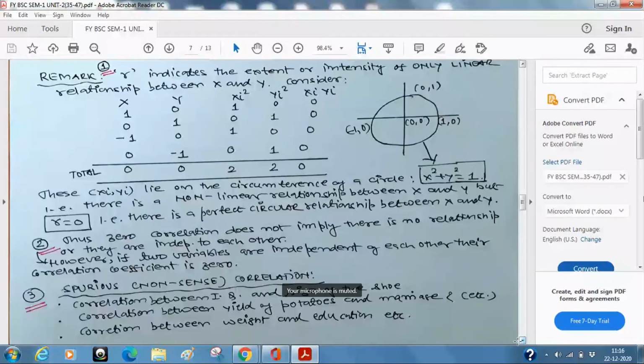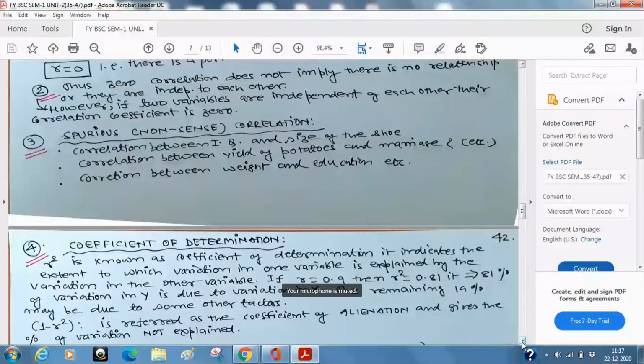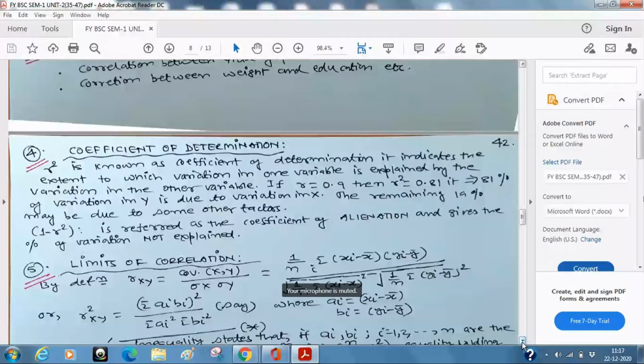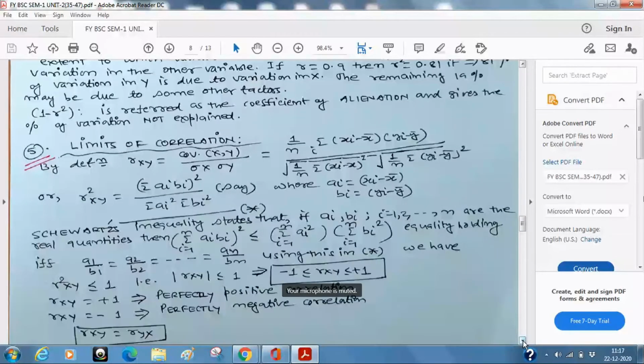Then we have spurious correlation. Then the idea of coefficient of determination. Then we have the limits. The fifth and sixth remarks are very, very important. Once again, I repeat that correlation lies between -1 and +1 is a fundamental result, and the correlation coefficient is independent of change of origin and scale both. Both of the results are very important. Anyways, with this remark, we move on to the next topic.